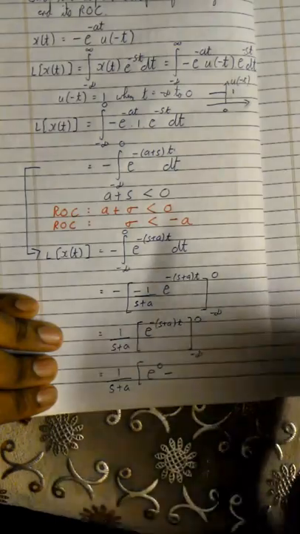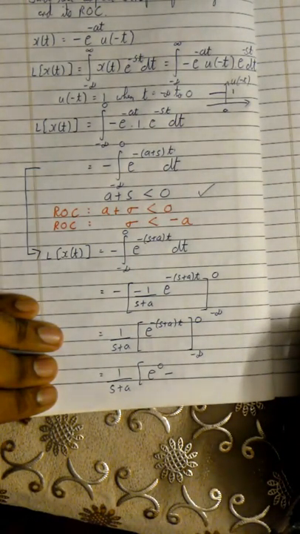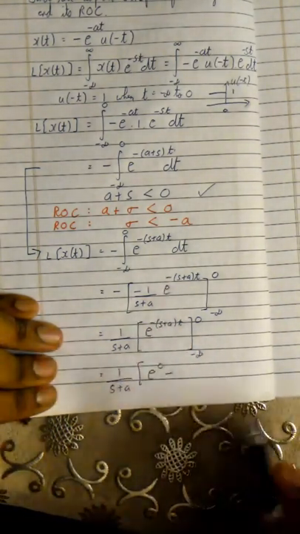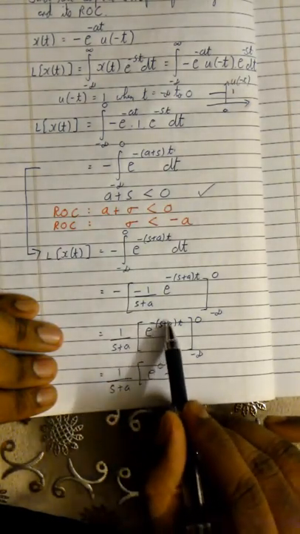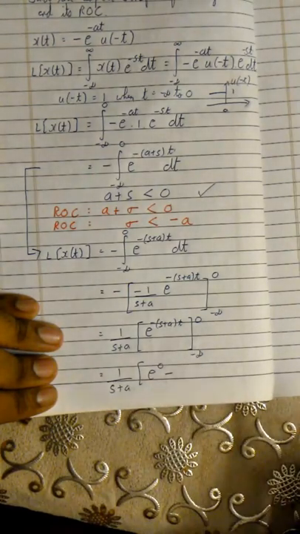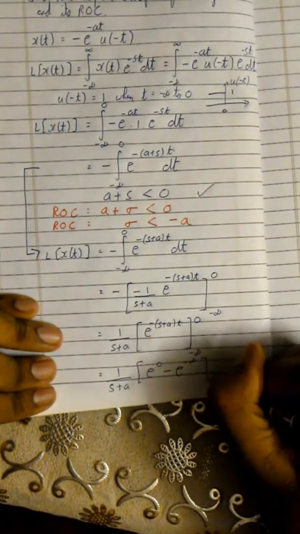But just simply look at the value of s plus a. S plus a is also a negative value, right? So here in this expression, there are 3 negative values. That is, this minus, and this s plus a is also a negative value, and this time t is also a negative value, minus infinity.